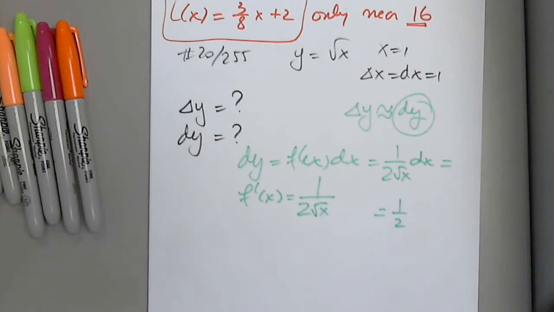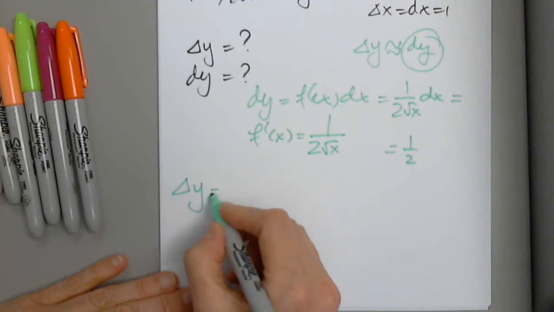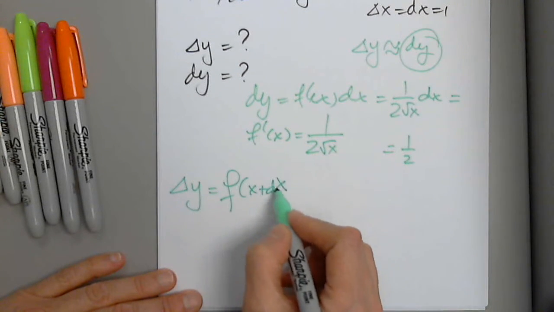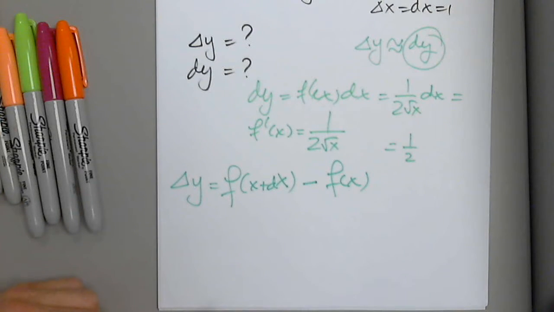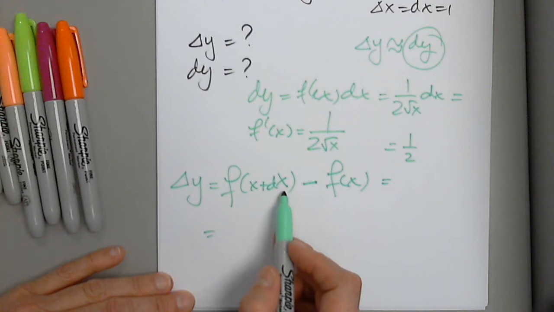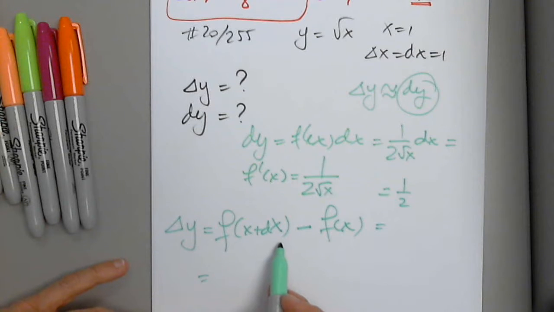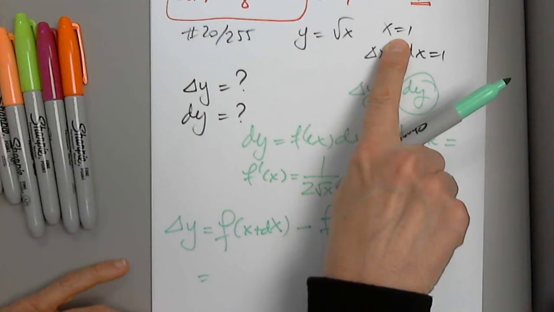Now, let's determine delta y. And remember what delta y is: f of x plus dx minus f of x. So how much is x plus dx? x plus 1, but x is 1.